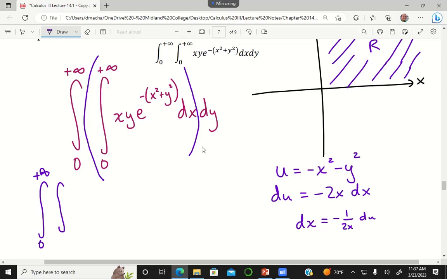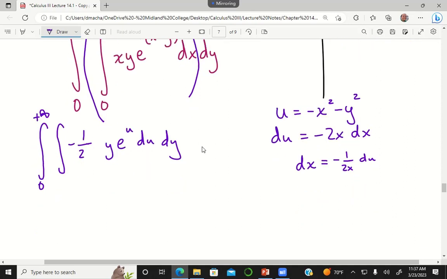I'm going to have negative 1 over 2x times x times y times e to the u du. So with the 1 over 2x, we can get rid of that x, right? Those cancel. Don't forget about those. And I don't have to worry about the y whenever I take the antiderivative with respect to u.